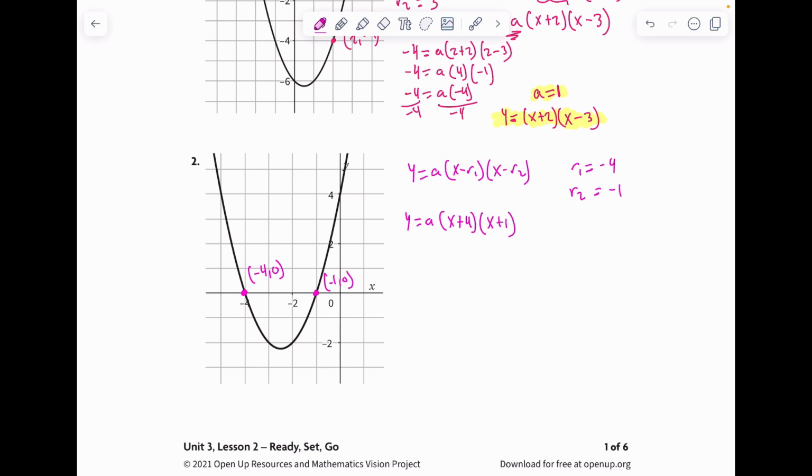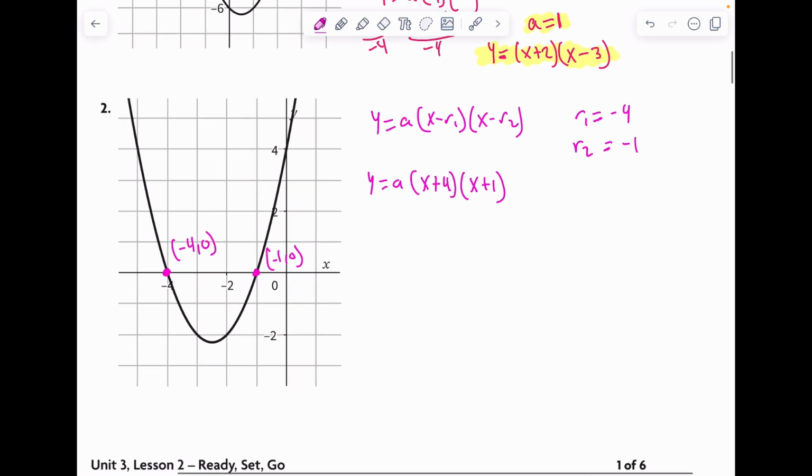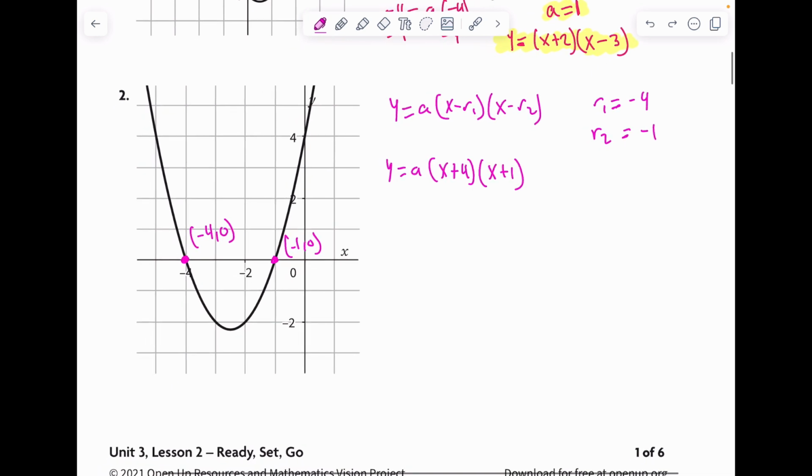Now let's go ahead and solve. We need to find what a is. So let's use a point that we like. I can see several different points here. I think one of the easiest points is this one right here. This is 0 comma 4. That means that my y is 4, so 4 is equal to a. What's my x?